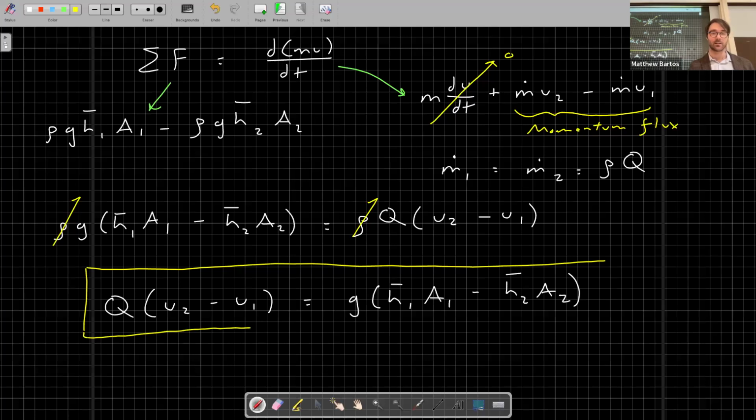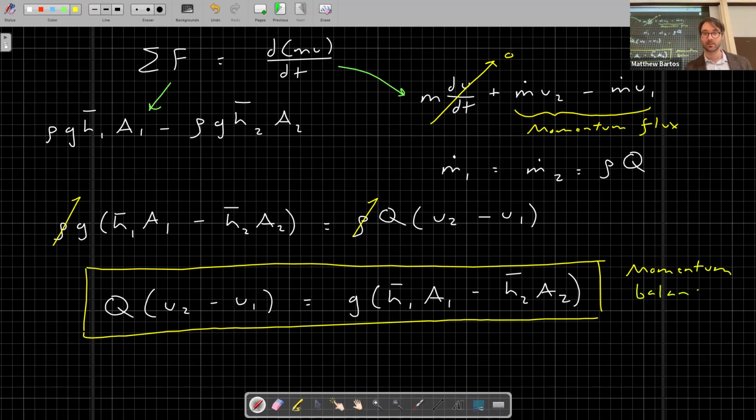So this is our momentum balance around our hydraulic jump. If we combine it with our continuity equation, we should be able to compute both the velocity and the depth downstream of our jump, given the depth and velocity coming into it.